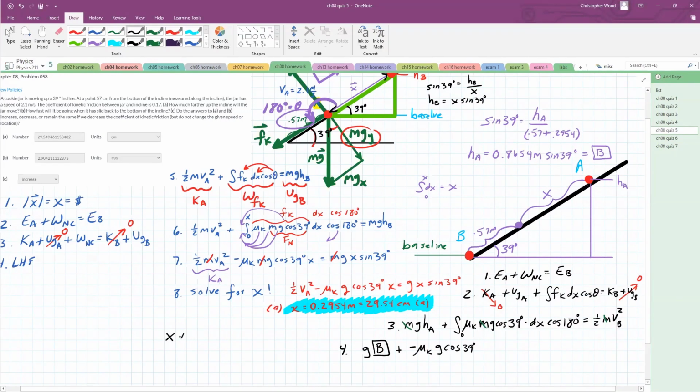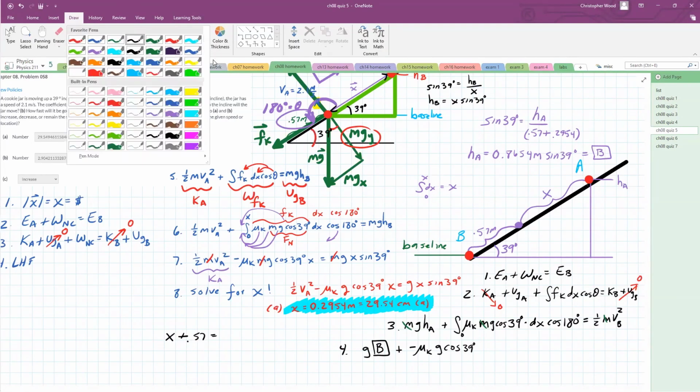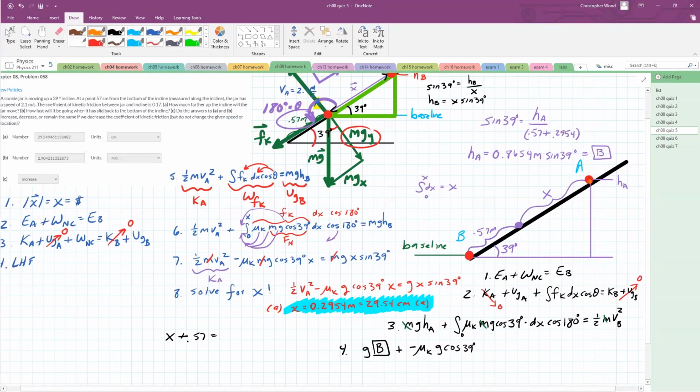X plus 0.57 equals 0.865 for me. So I'm calculating this distance right here. This is the displacement. This is my displacement vector, all the way from A down to B.